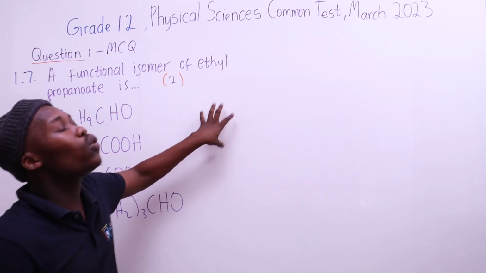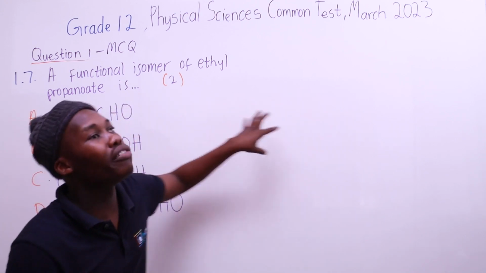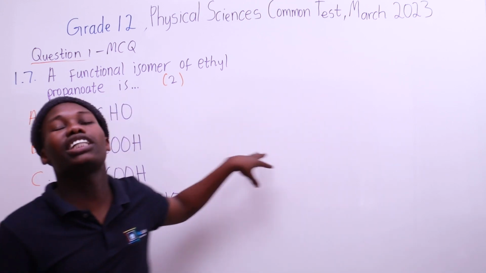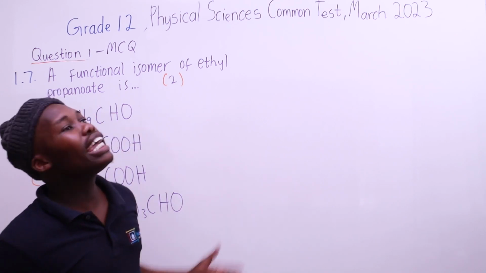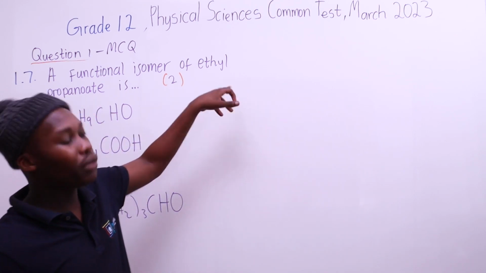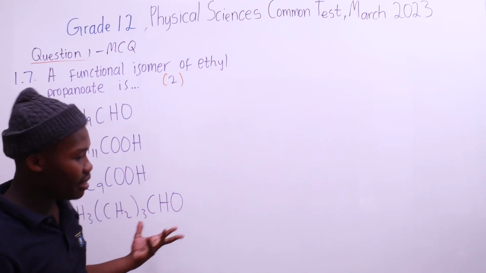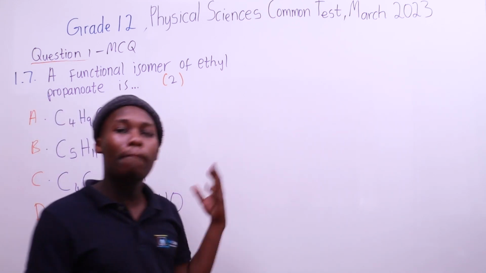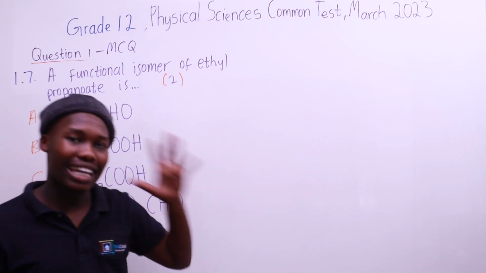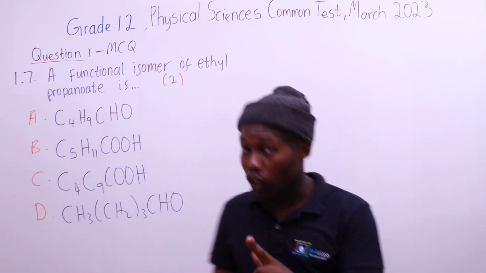Remember, there is a name for the number of carbon atoms in an organic compound: 1 carbon atom is meth, 2 eth, 3 prop, 4 but, 5 pent, 6 hex, 7 hept, 8 oct.